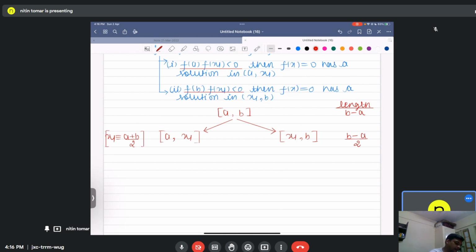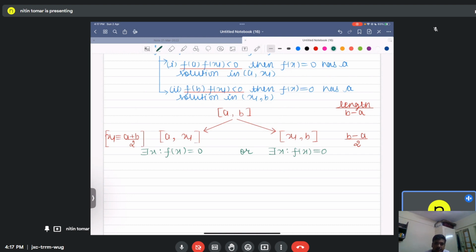So at this stage you will find one interval where there exists x, f of x equal to 0, either here or there. Now you see at this stage we already have an interval smaller than the previous one.